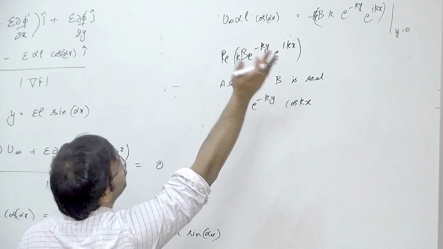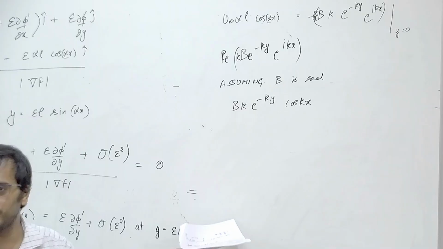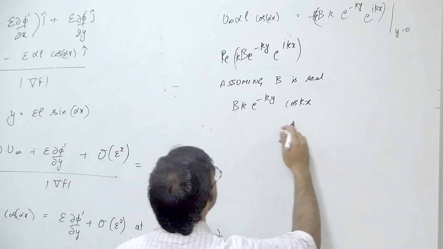If you assume b as some complex, you will get some other quantity here. Eventually, you will get the same solution as we are going to obtain in a moment.